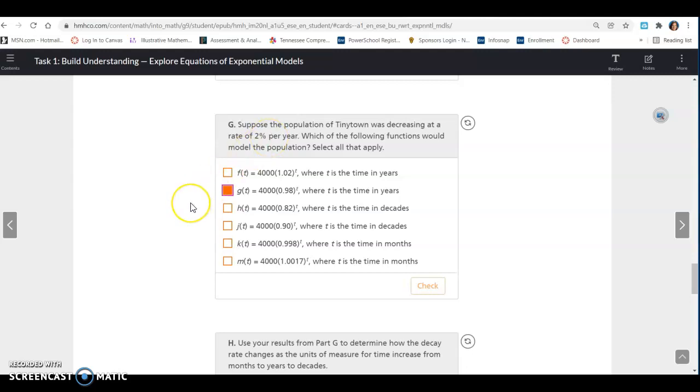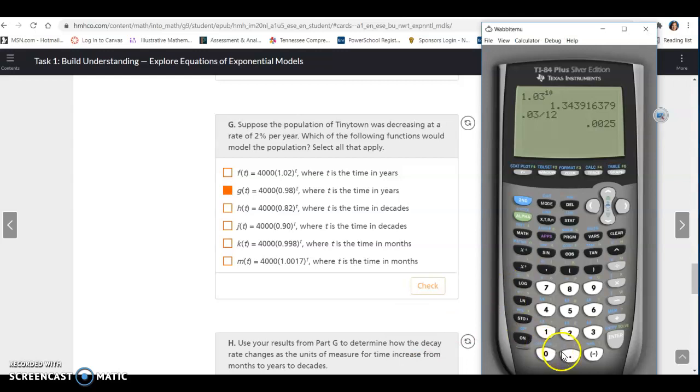Okay? All right, so it says in decades. So for in decades, that means we have to take the initial amount and raise it to the 10th power. So we're going to take that 0.98.